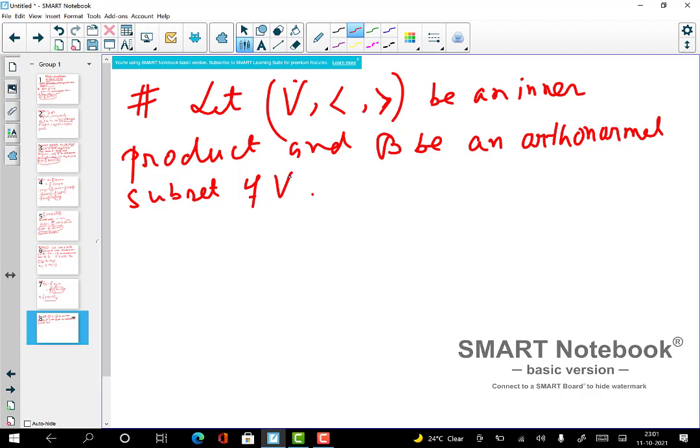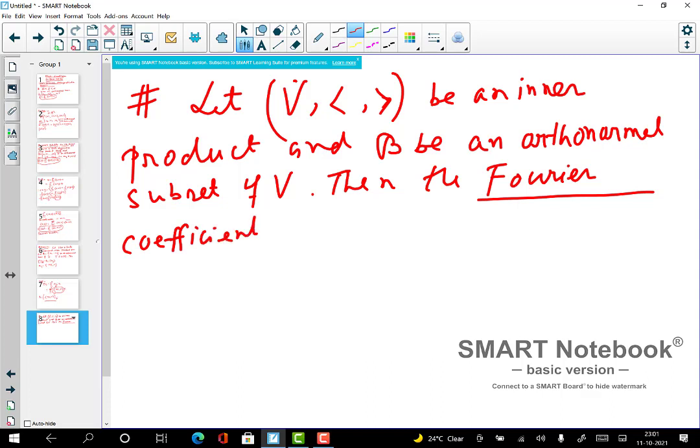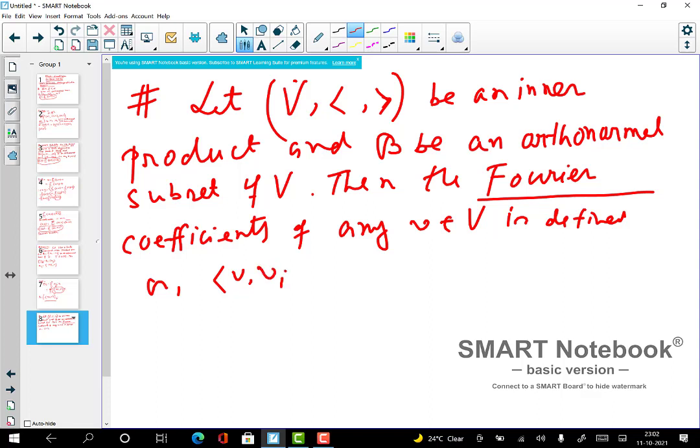Then the Fourier coefficients of any vector, you choose any vector v belonging to V, are defined as the inner product of v with vi, where these vi's are elements of the orthonormal subset.